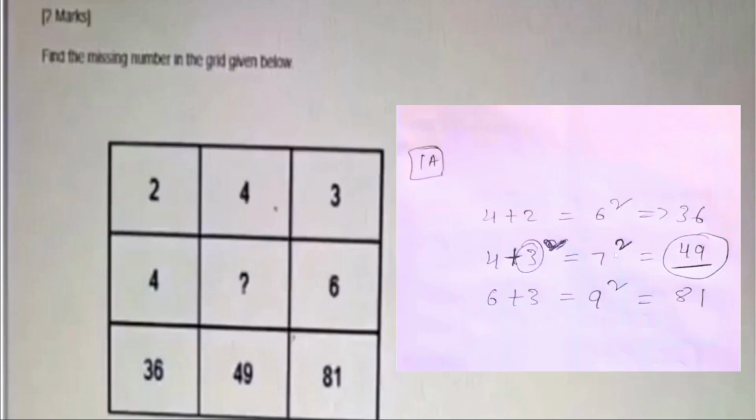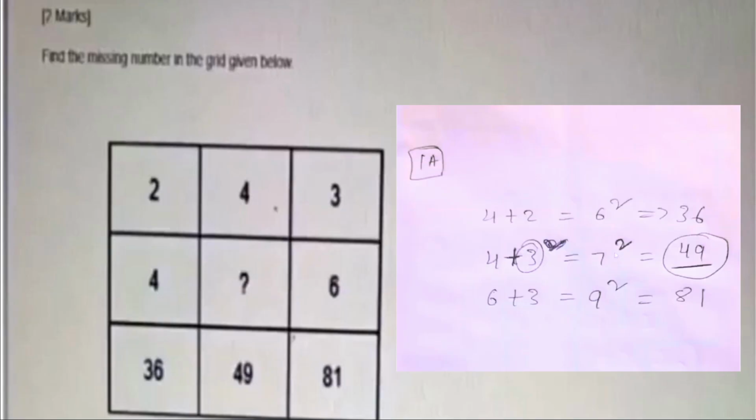Almost 99.99% the pattern will be the same: reasoning ability, verbal ability, aptitude and all this. And there is a 1%, or 0.5, or 0.1% chance that extra questions like networking will be given.